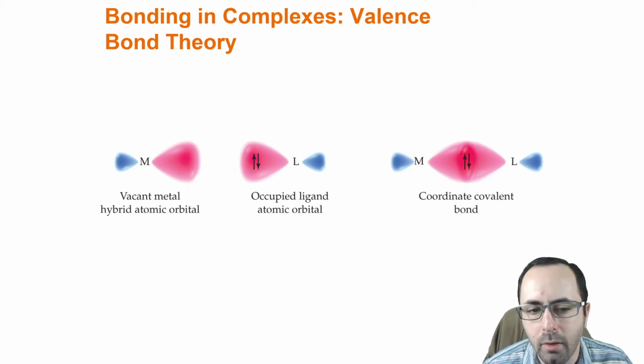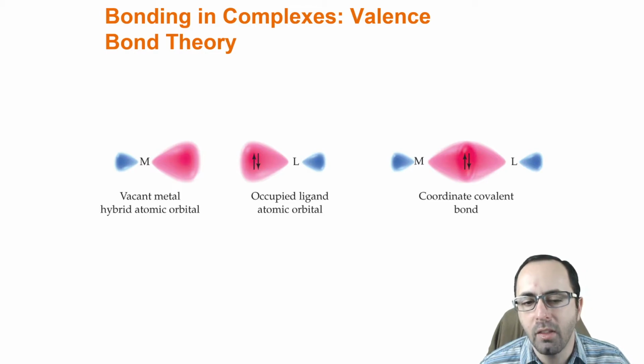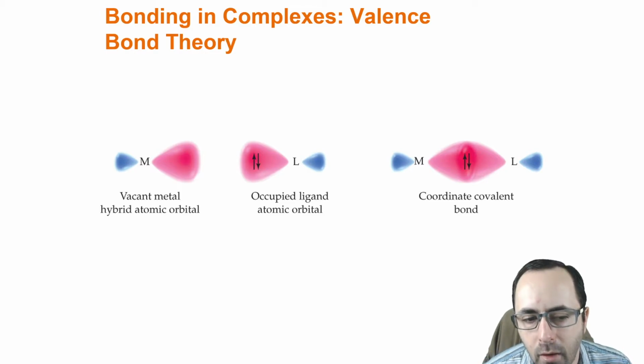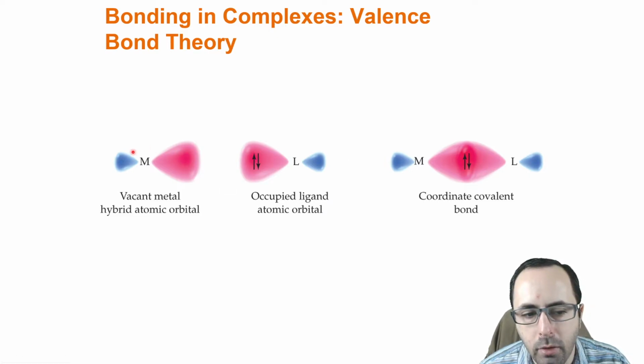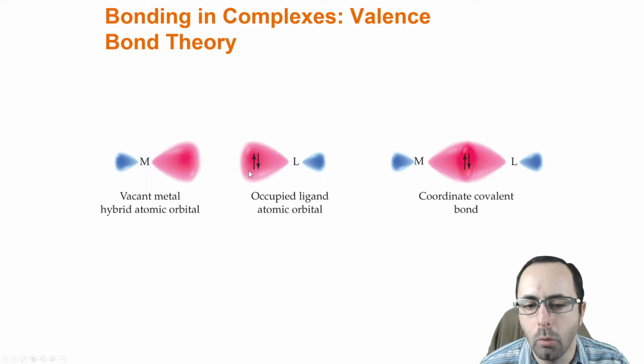Valence bond theory says that when two atoms bond, they bond because of an overlap in their atomic orbitals. We have a metal here which has a vacant atomic orbital, and a ligand that has a completely occupied atomic orbital with two lone pairs.